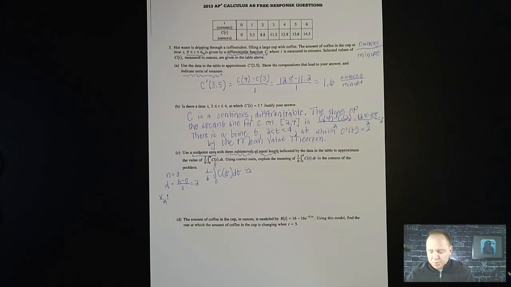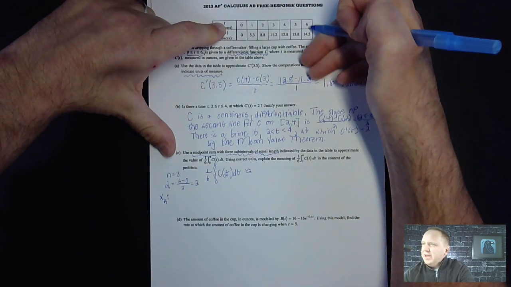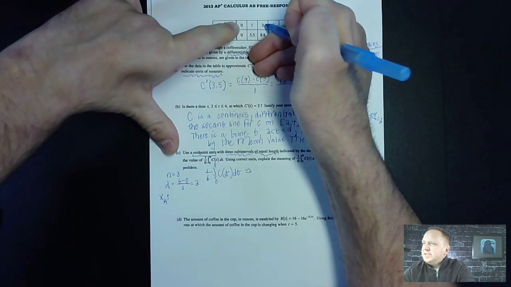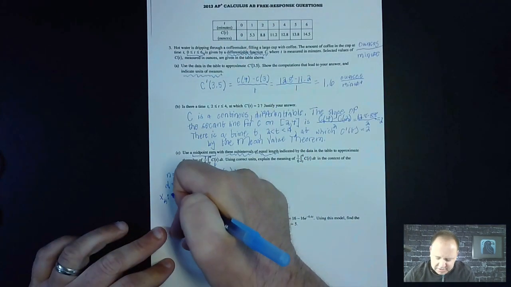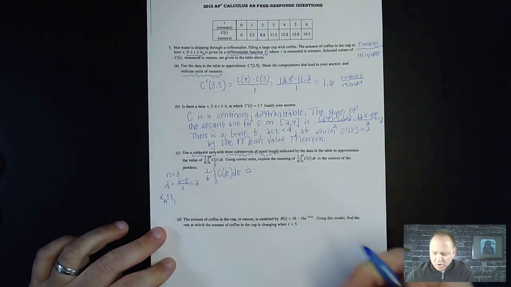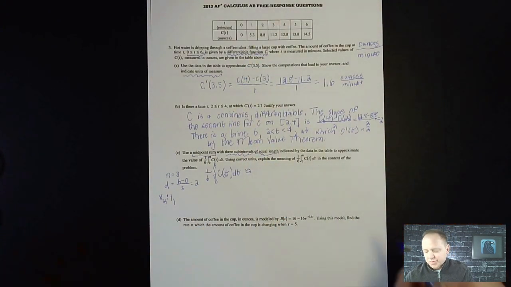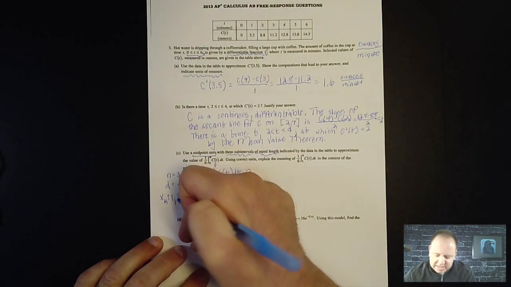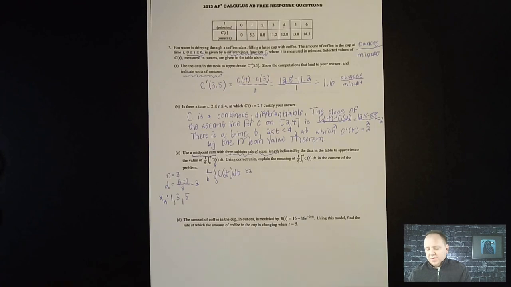If I'm doing a midpoint, my first subinterval goes from 0 to 2, and the midpoint is halfway between, at 1. So my first x sub k is 1. Once I plug that into c, that'll give me the height of my first rectangle. Then between 2 and 4, that would be 3, or you can just keep adding delta x, and then you would have 5. So 1, 3, and 5.